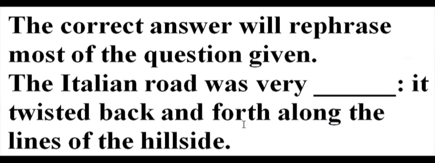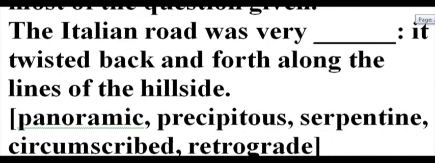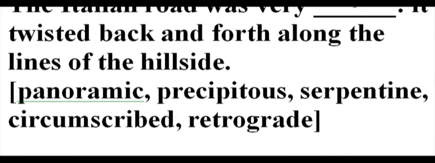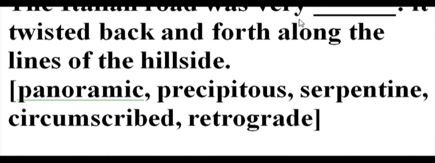So we have to think of a word that means more or less twisting back and forth along the lines of the hillside. Then we look at the answer choices. Remember, we don't look at the answer choices first. We only look at the answer choices after we come up with something on our own. Panoramic, precipitous, serpentine, circumscribed, retrograde.